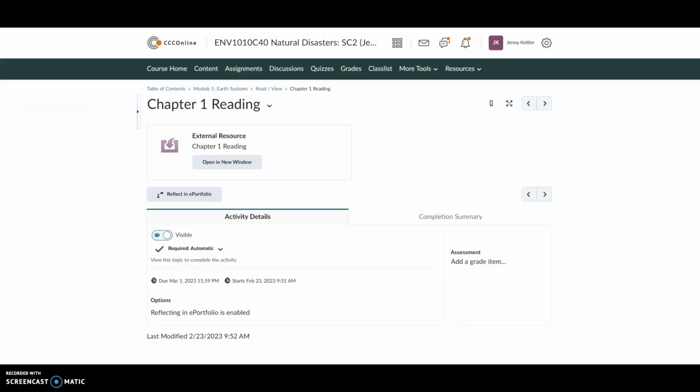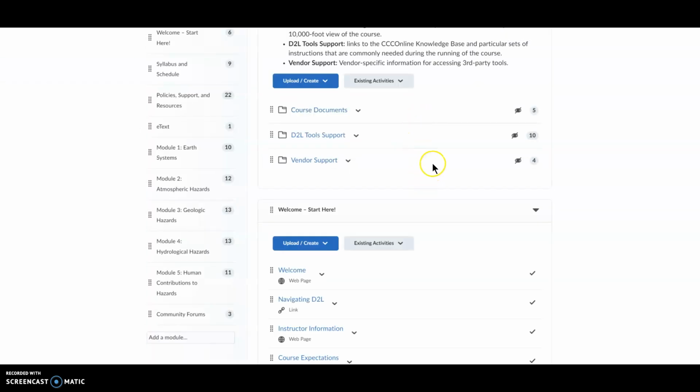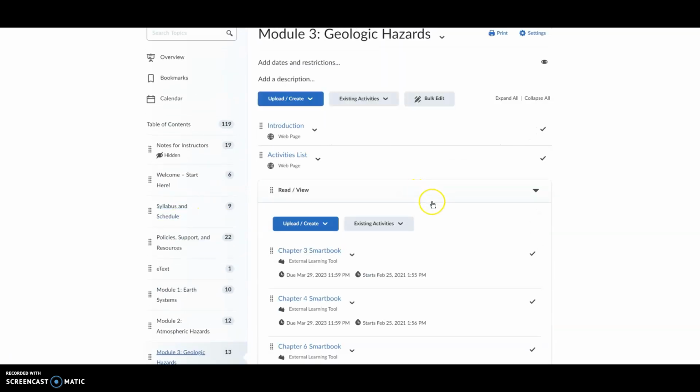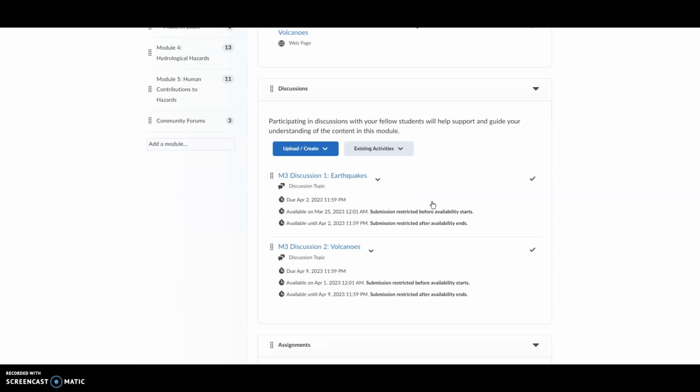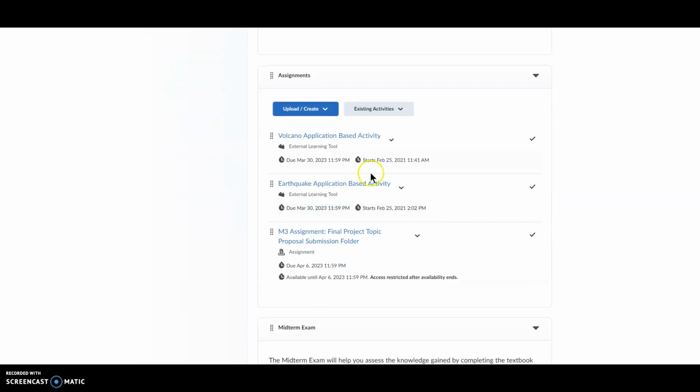directly into the assignment. And the other thing, that's not a hill that I think we have to die on or anything like that. But the thing that I'm really confused about is that in the past, we had these application-based activities that were actually in the smart book itself, in the Connect account.